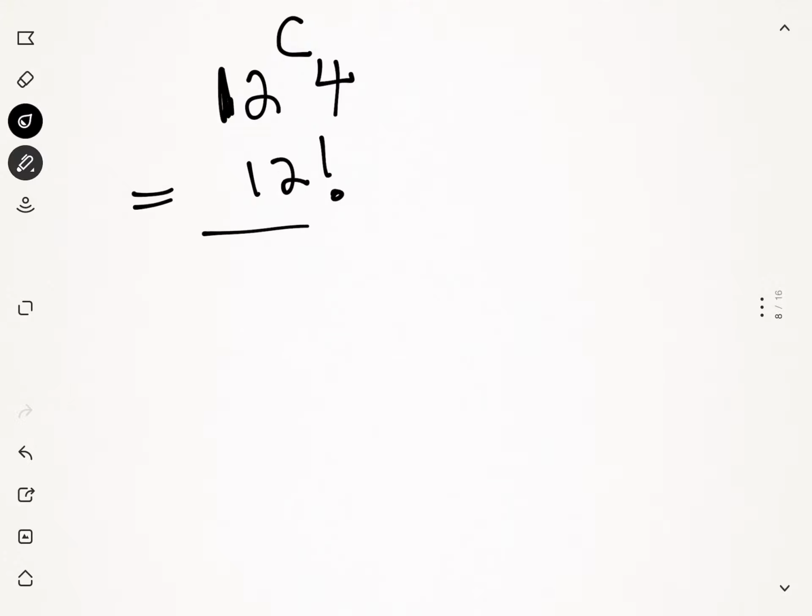That means we have 12 C 4, our combination formula. So we'll end up with 12 factorial over 12 minus 4 factorial times 4 factorial.